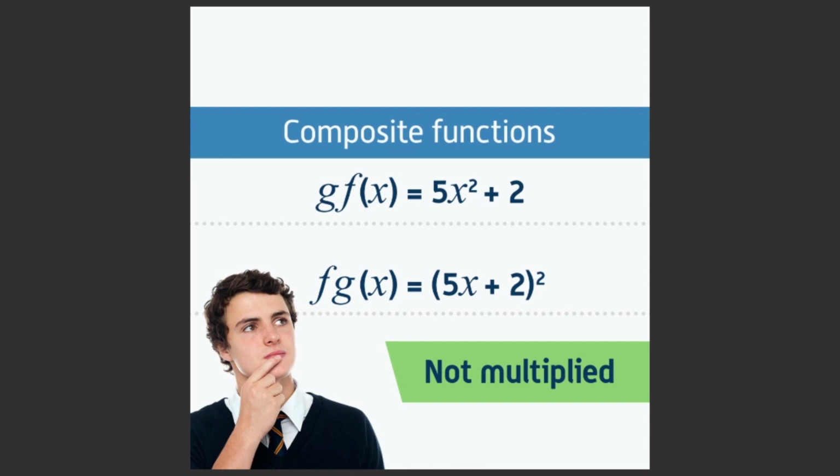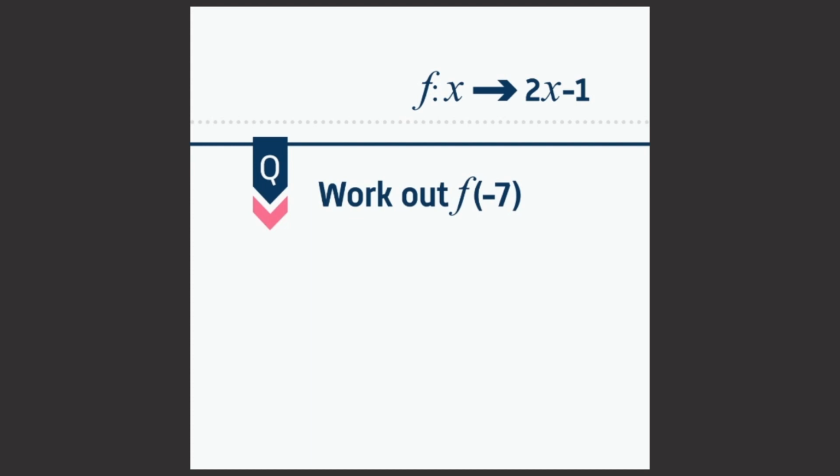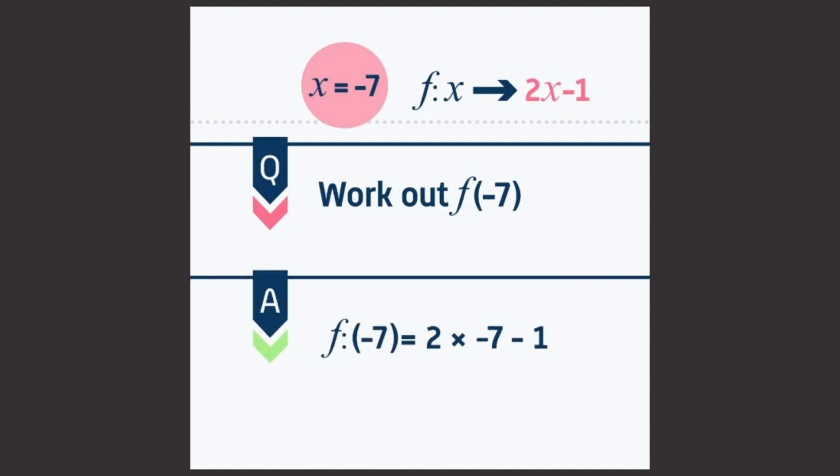Let's do another example. f is the function that maps x onto 2x minus 1. f of minus 7 means we substitute minus 7 into the expression 2x minus 1. 2 times minus 7 minus 1 equals minus 15.